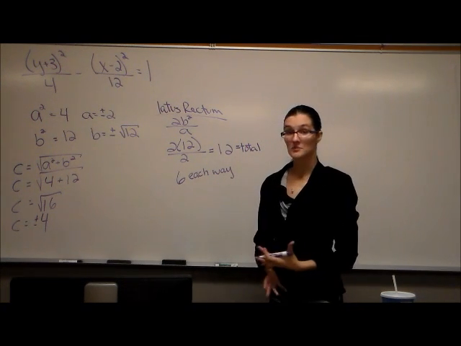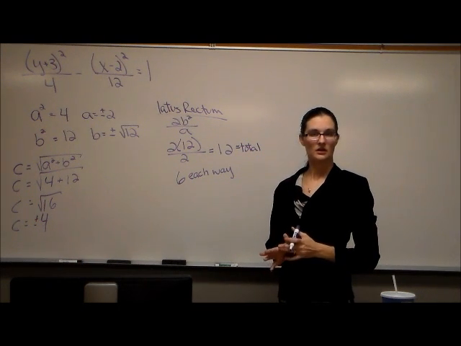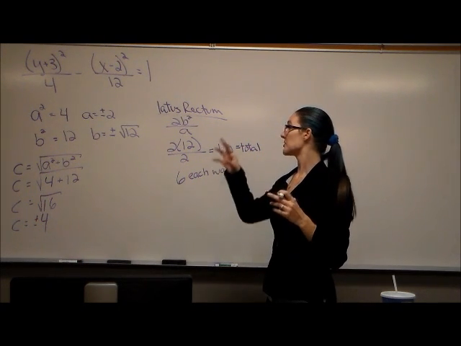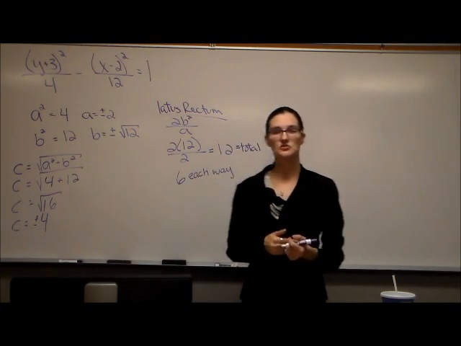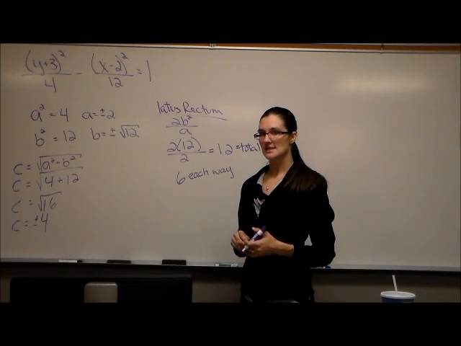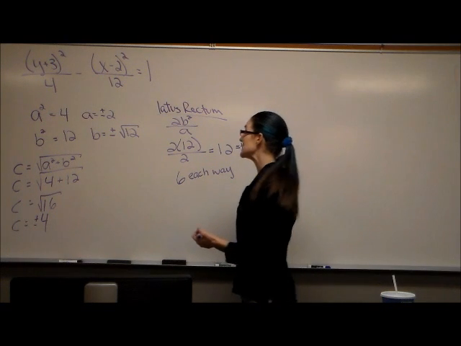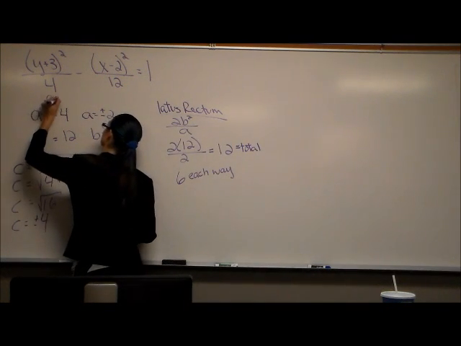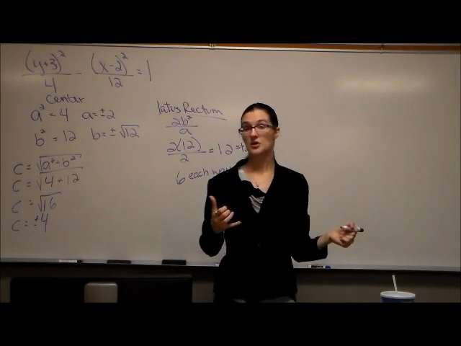All right, and the only thing we're missing is the center. Don't fall into this trap of, okay, we can find A, we can find B easily, we can figure C out, the latus rectum, we've got a formula for that, and graph everything from the center. Because our center is not at the origin. Our center is from our equation.